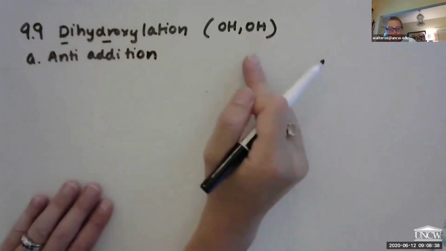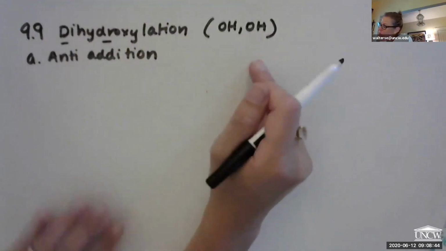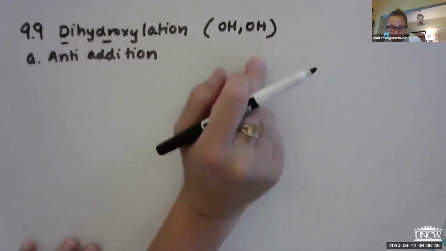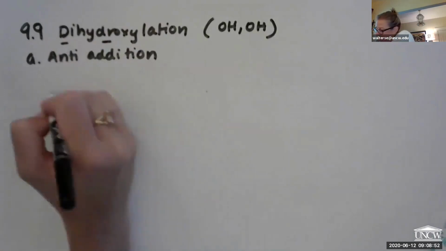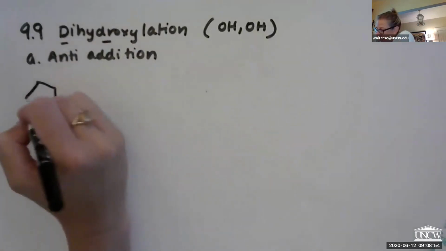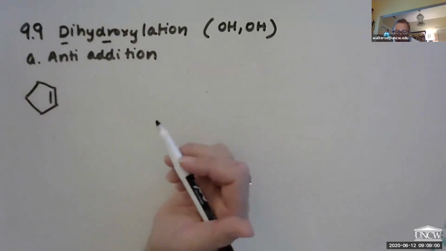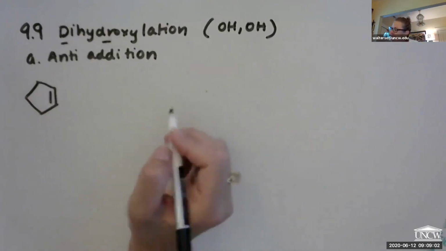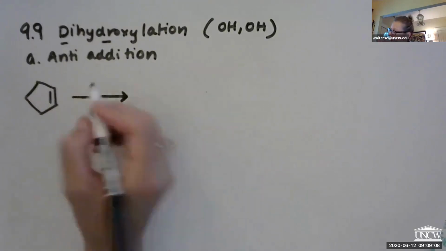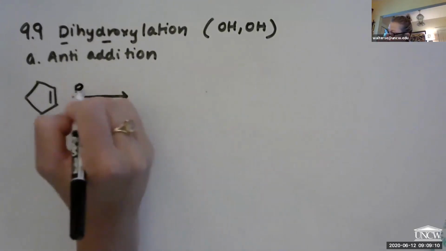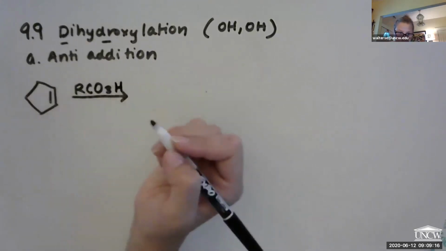Before we go too far, I'll show you a reaction, and then I'll use some terminology. So I'm just going to show you the reaction and then point out the bits and pieces that you need to know. Here we have our substrate, cyclopentene, and this first step is going to use a compound. I want you to write RCO3H.